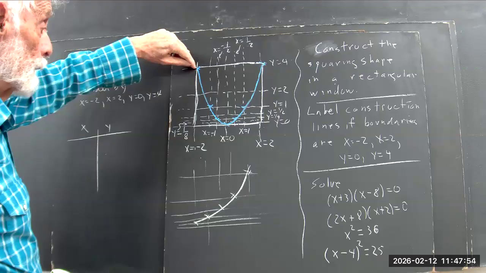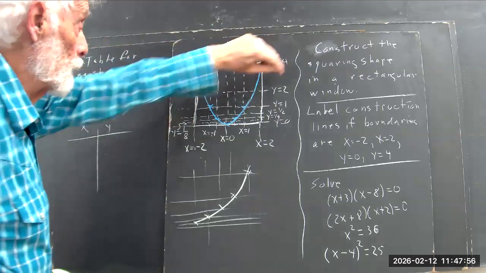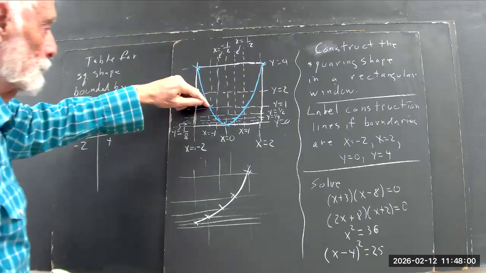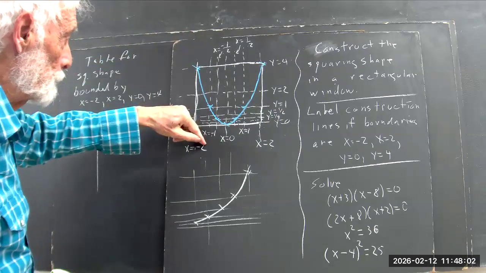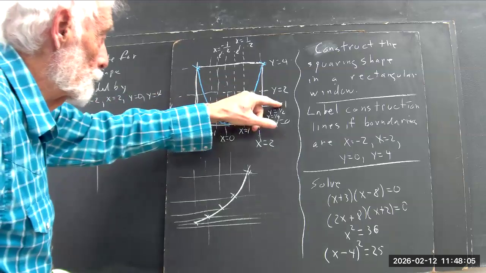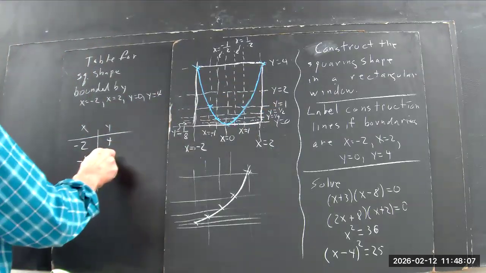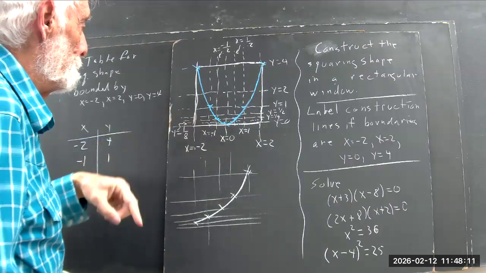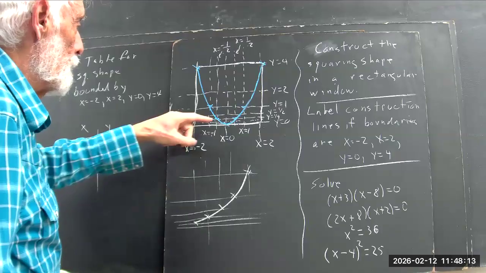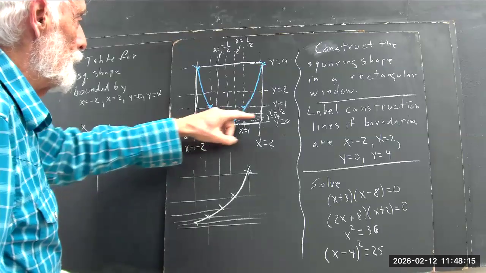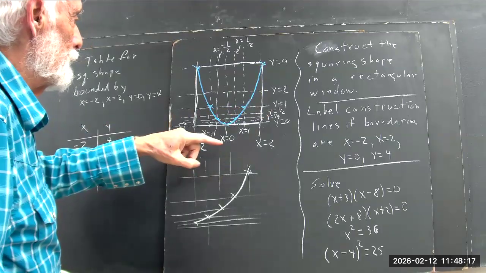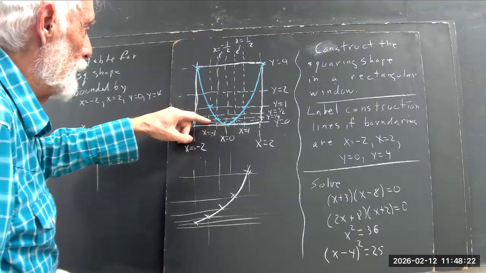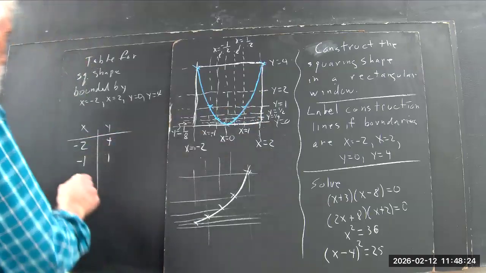What are the coordinates of this point? X equals negative 2, y equals 4. This point, x equals negative 1, y equals 1. This point, sorry, x equals negative 1/2, and y equals 1/4.